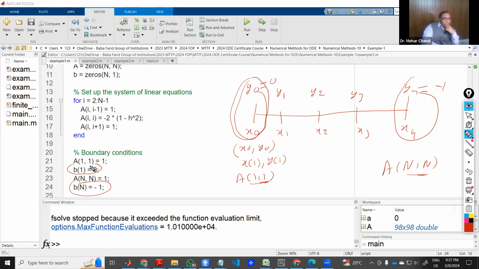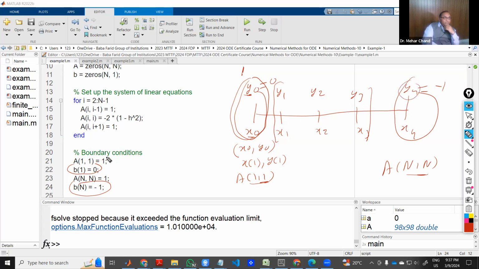Okay, and A11 and ANN. So when you have the matrix, the very first value in the matrix will be 1 at these end points, because the matrix which we established was corresponding to this one. Okay, so when you choose the coefficients for this equation, for X0 corresponding to Y0, the coefficient of Y0 will be 1, and the coefficient of Y4 will also be 1.